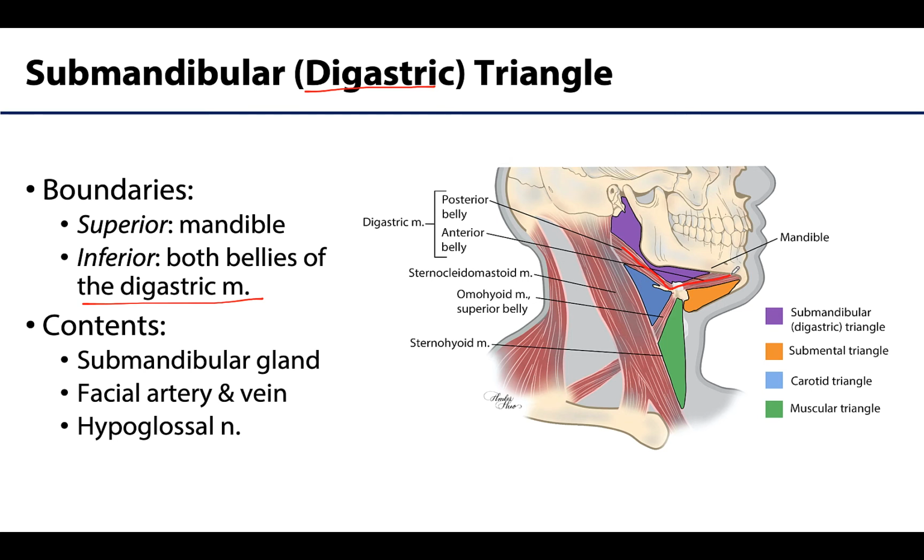The superior border will be the mandible. It is referred to as the submandibular triangle as the major content is the submandibular gland, which we will see a better view of in the next image, as well as the facial artery and vein, and portions of the hypoglossal nerve or cranial nerve 12 are also located within this triangle.